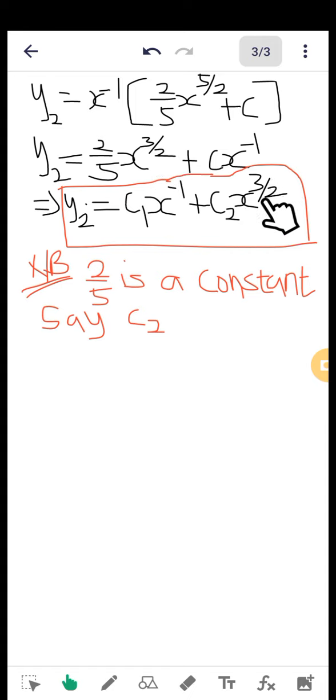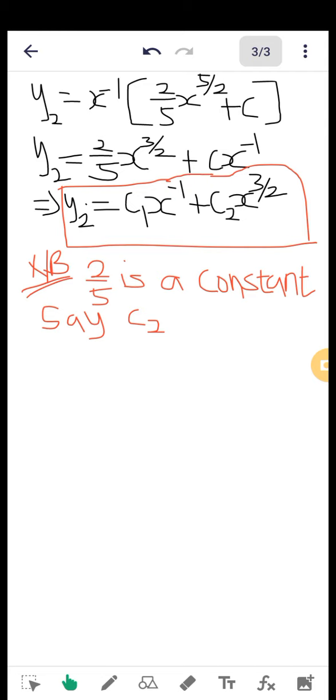So this is my general solution. y2 equals c1 x exponent minus 1 plus c2 x exponent 3 over 2.